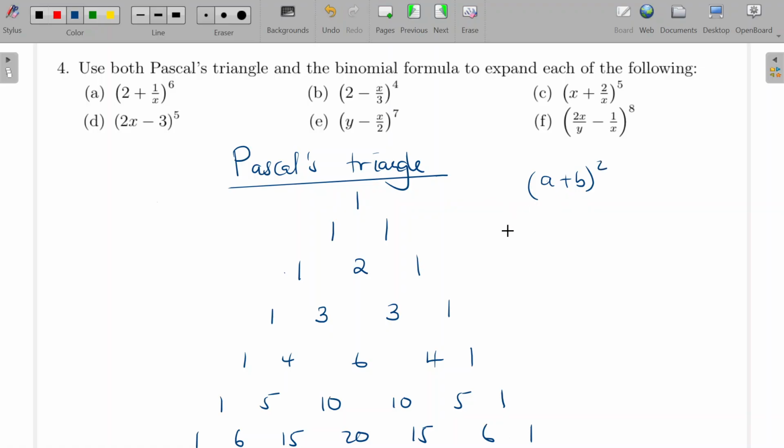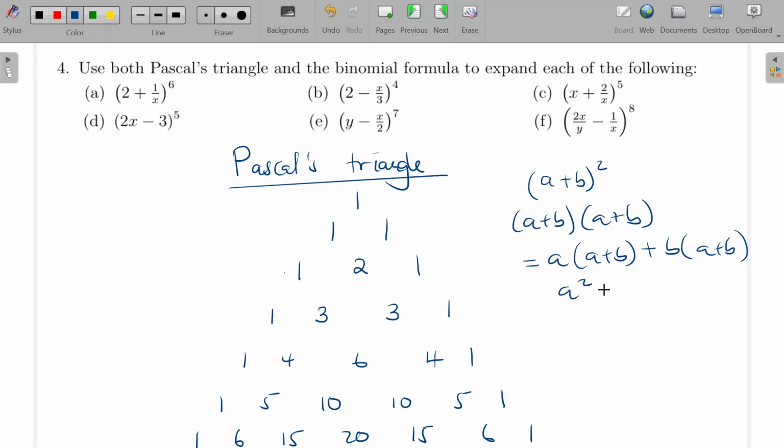We can just say a plus b squared is equal to a multiplying with everything here, and the b multiplying with everything here, and we're going to get a squared plus ab plus ab plus b squared, and then a squared plus 2ab plus b squared, isn't it? Yes. So this one is you multiplying normally.